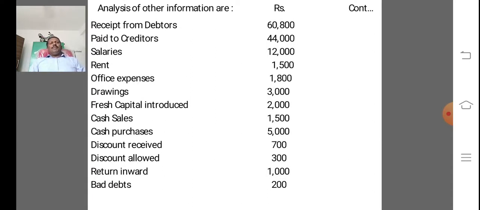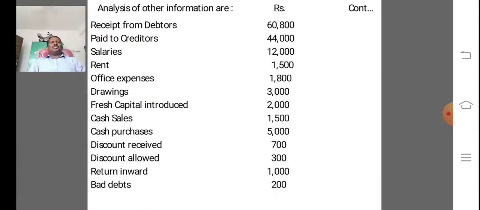Analysis of other information: receipts from debtors 6,800, paid to creditors 44,000, salaries 12,000, rent 1,500, office expenses 1,800, drawings 3,000, fresh capital introduced 2,000, cash sales 1,500, cash purchases 5,000, discount received 700, discount allowed 300, return inwards 1,000, bad debts 200.